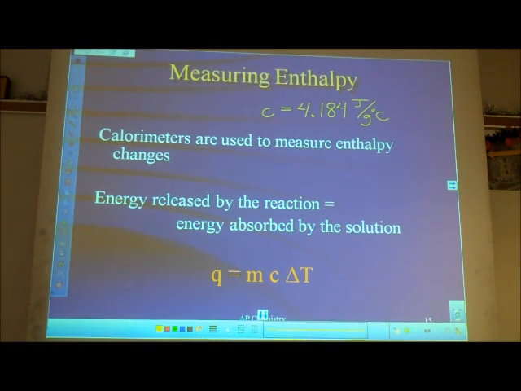If the lead pipe releases 100 joules of energy as it's cooling down, the water absorbs those 100 joules of energy. So, what would this look like mathematically? This would basically be two MC delta T's equal to each other. One for the pipe, and one for the water.